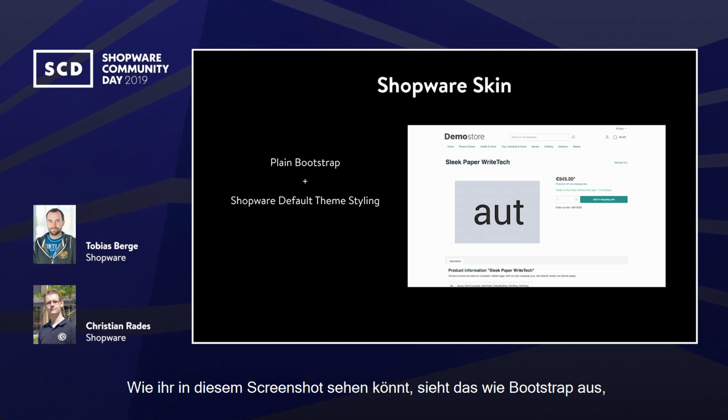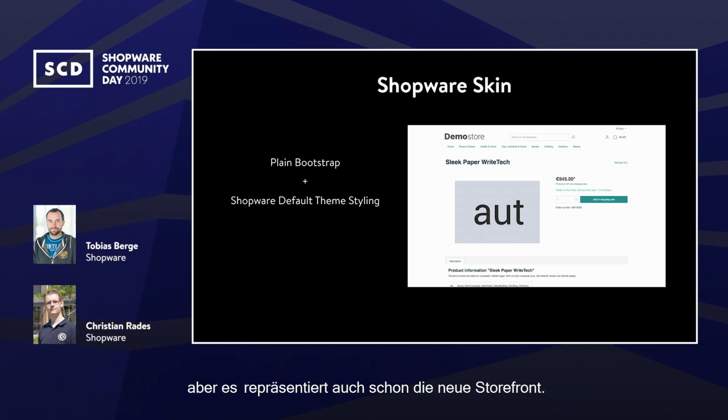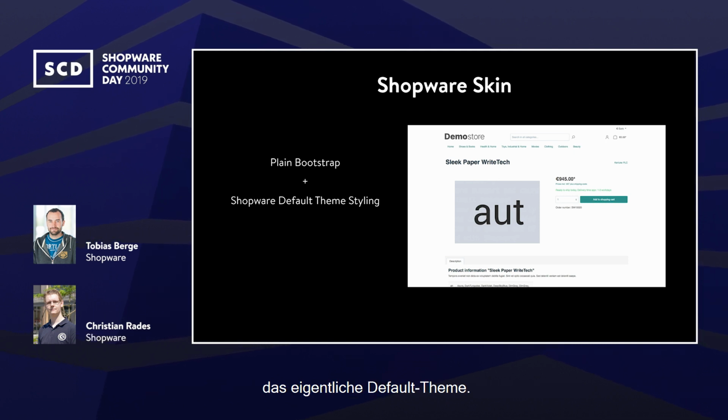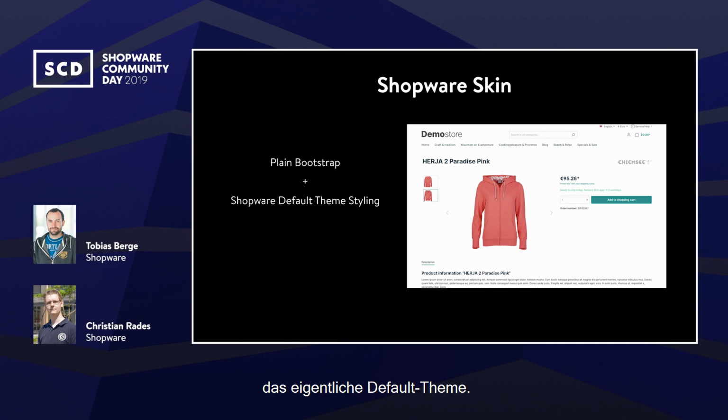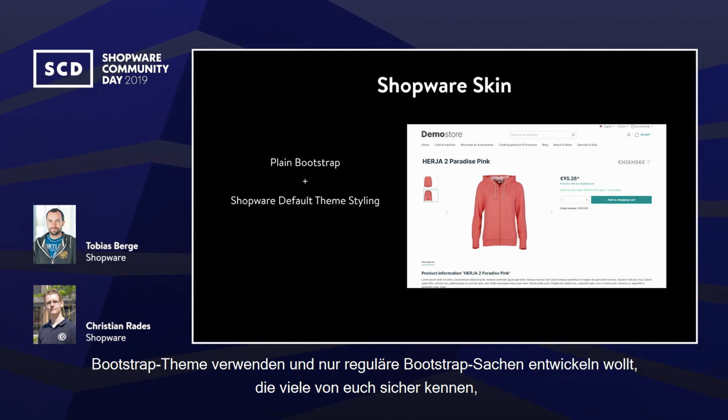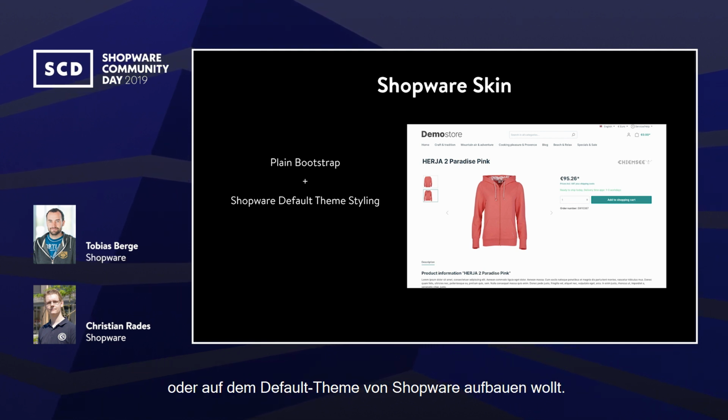As you can see in this screenshot, this looks like Bootstrap, but it already represents the new Storefront. And on top of this, we have the default Shopware styling. So this is then the actual default theme. And this makes it a really easy way to develop, so you can decide if you want to either use the Bootstrap theme and just develop regular Bootstrap stuff, just like many of you might know, or extend from the Shopware default theme.